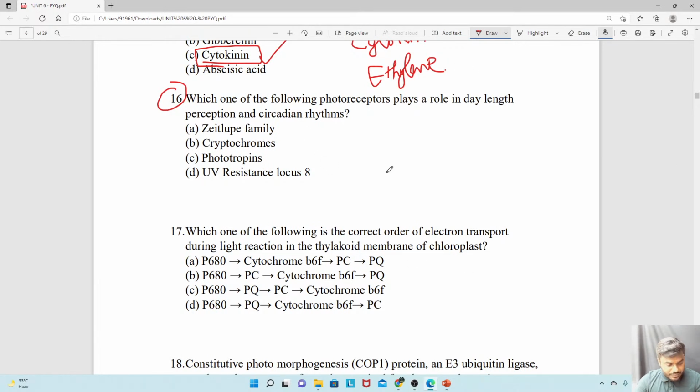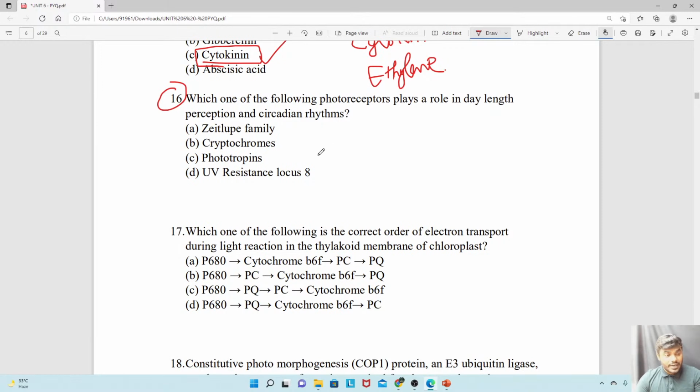Question number 16, we will read in the evolution also. Question 15 is C. That's right. Yeah, right. Absolutely right. B. Yeah. Simon, what is your answer for B? Cryptochromes.